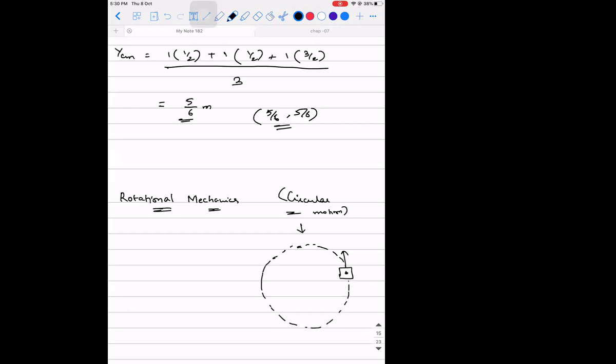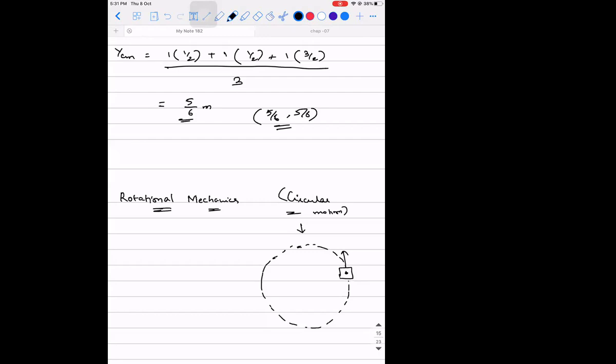Point size, sir. Point size compared to what? Compared to the ground, the circular ground. Compared to the track on which it is revolving, right?